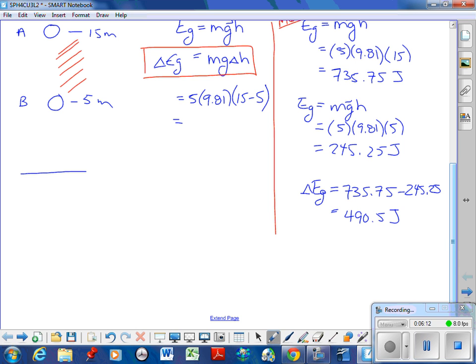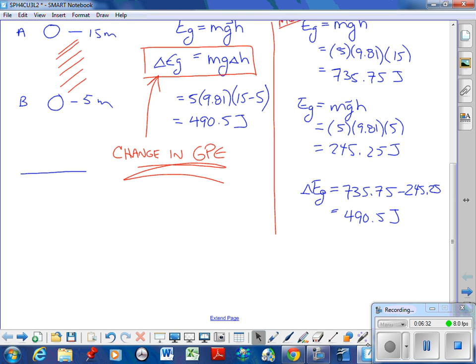Times 10, and we get 490.5 joules. So it's the exact same answer as what we got with the long way, but it's a lot shorter. So that formula there is the change in GPE. Okay, so if we're talking about an object having a change in GPE, that would be the formula that you'd end up using.